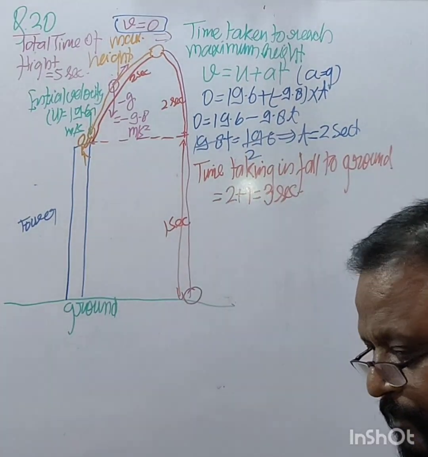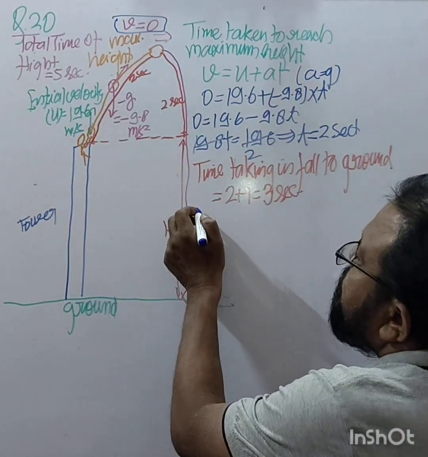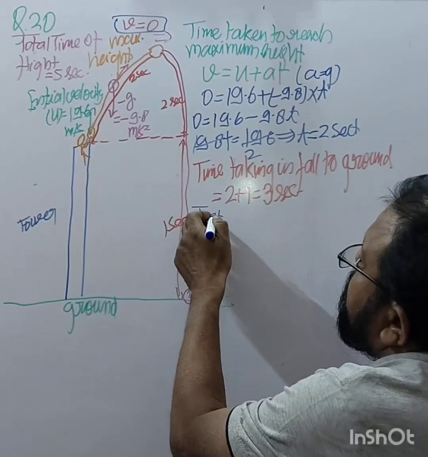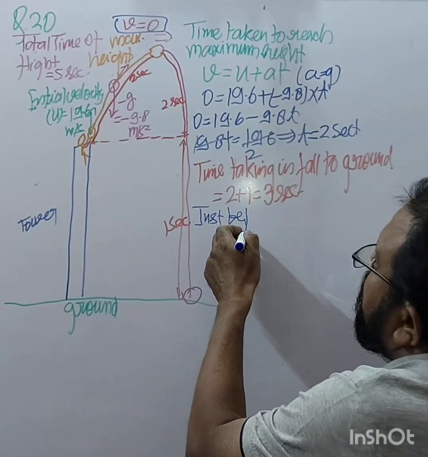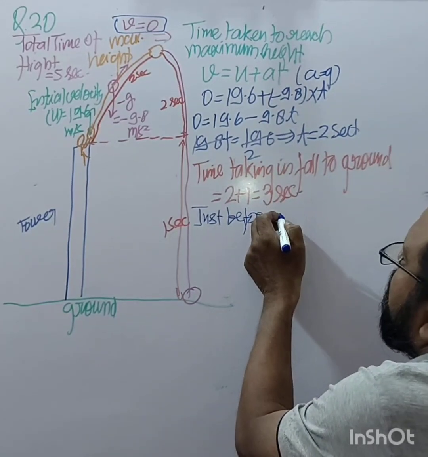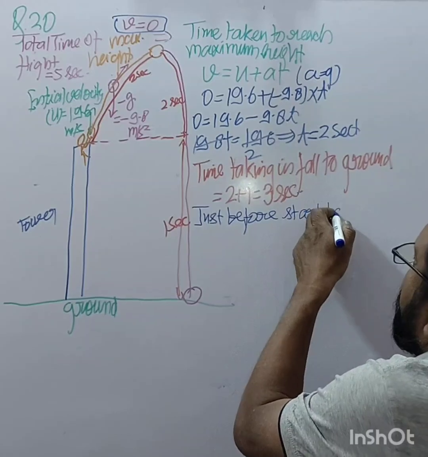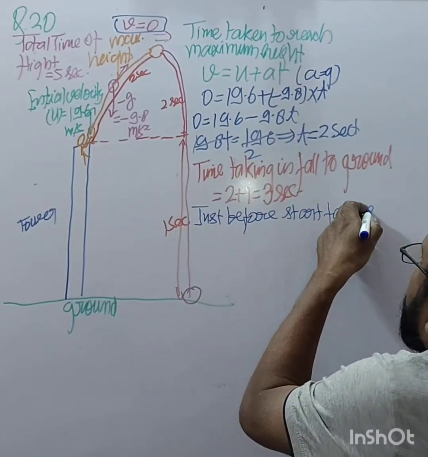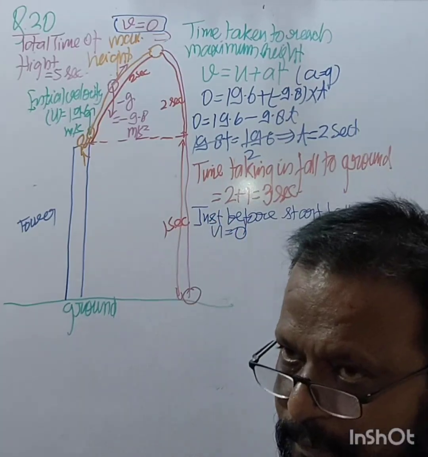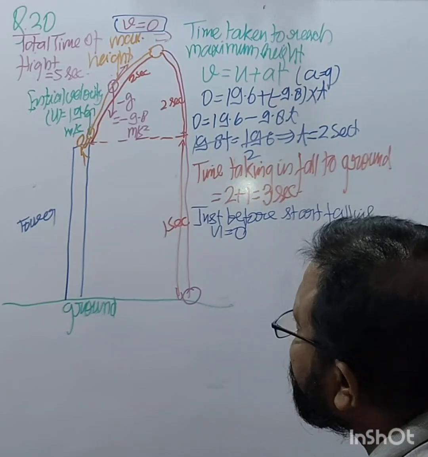And just before it starts falling, u is equal to 0, right?